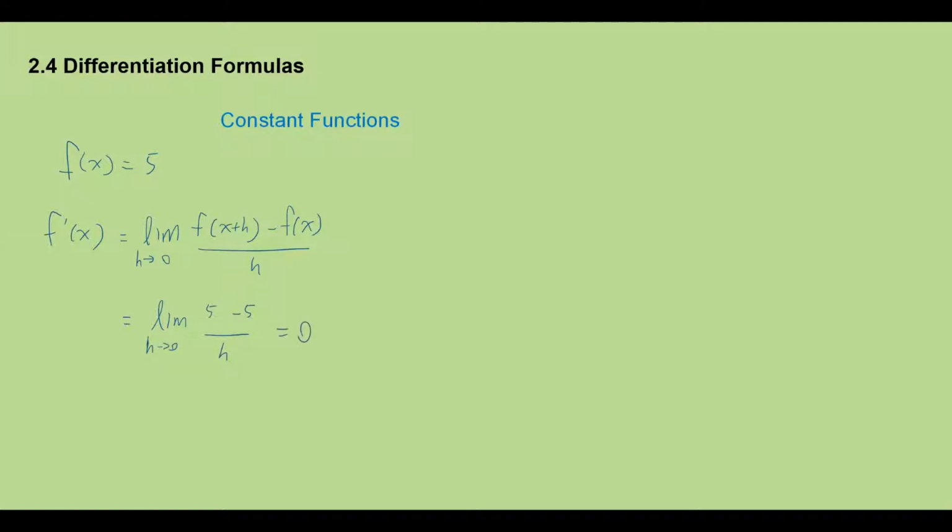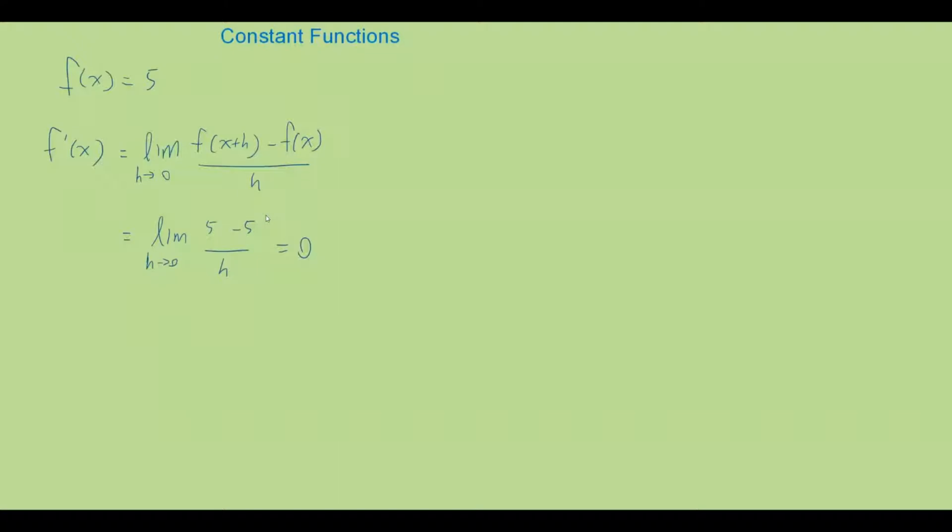In fact, when you take the derivative of any constant function, the derivative is always going to be 0. Another way to write this is if you take the derivative, using d dx form, of some constant c, it's always going to be equal to 0. Let's take a look at why that is.